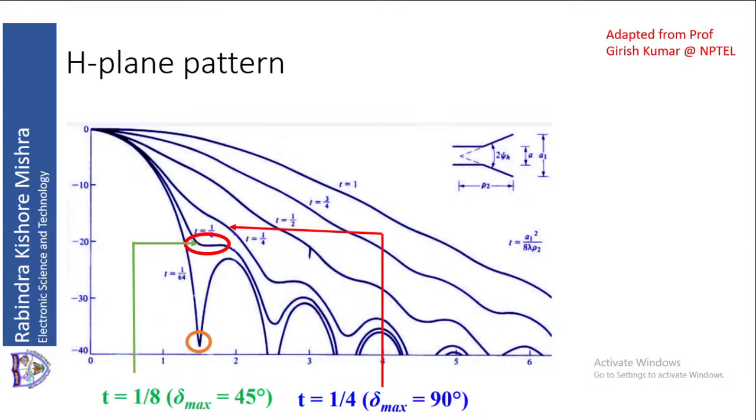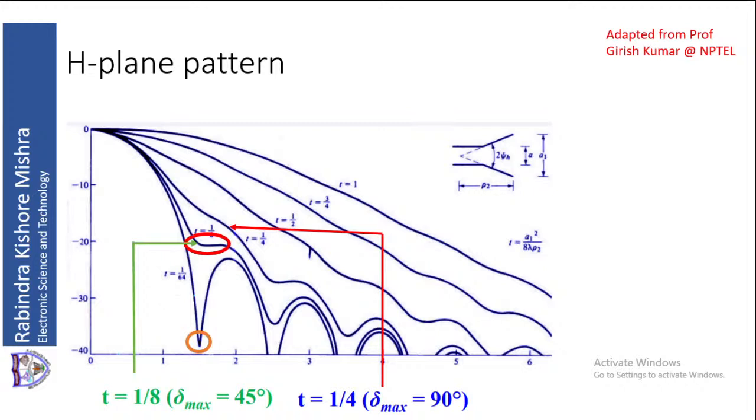Now, if we go to T, which is equal to 1 by 4. T is equal to 1 by 4 corresponds to delta max is equal to 90 degree. So look at the third curve. That gives us T is equal to 1 by 4, or delta max is equal to 90 degree.